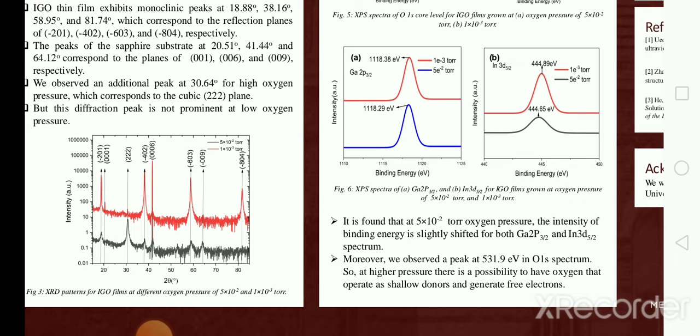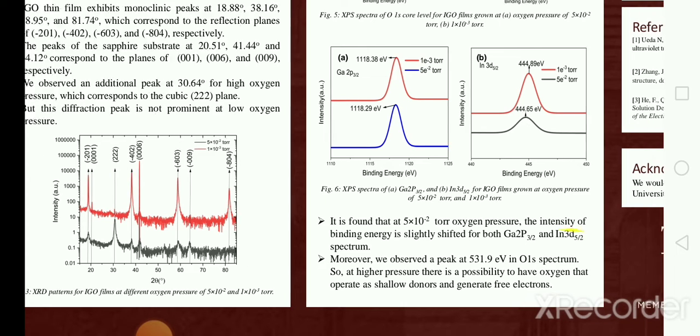Moreover, we assume that maybe there are oxygen vacancies, as we find a peak of O1s at 531.9 electron volt, and oxygen vacancies operate as shallow donors and generate free electrons, which may cause conductivity.